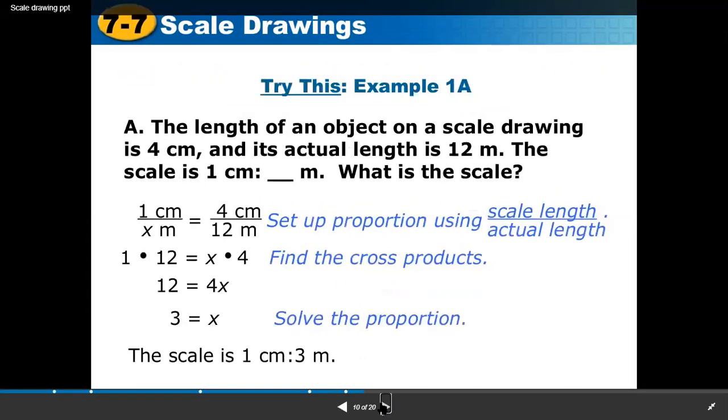Next. The length of an object on a scale drawing is 4 centimeters and its actual length is 12 meters. The scale is 1 centimeter to how many? Where is the scale here?